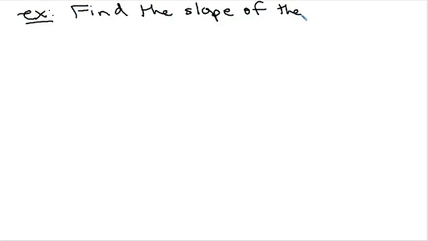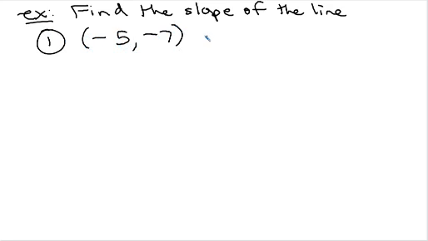So, to begin, you're going to have problems like this where they tell you to find the slope of the line. The math is not going to be hard. They'll give you 2 points, (-5, -7) and (-8, 3). They're going to ask, what's the slope of the line that goes through those 2 points?